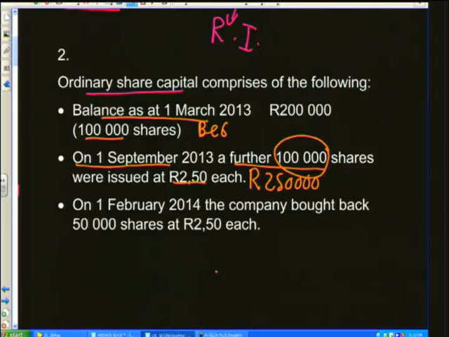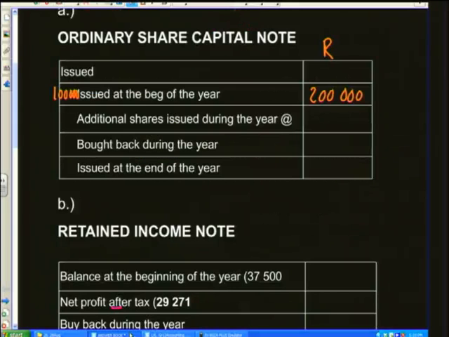So again, let's take that information through to our answer book. Nothing difficult yet, everything quite straightforward and simple. So 100,000 additional shares were issued during the year at R2.50, to give me additional capital that we calculated, 250,000.